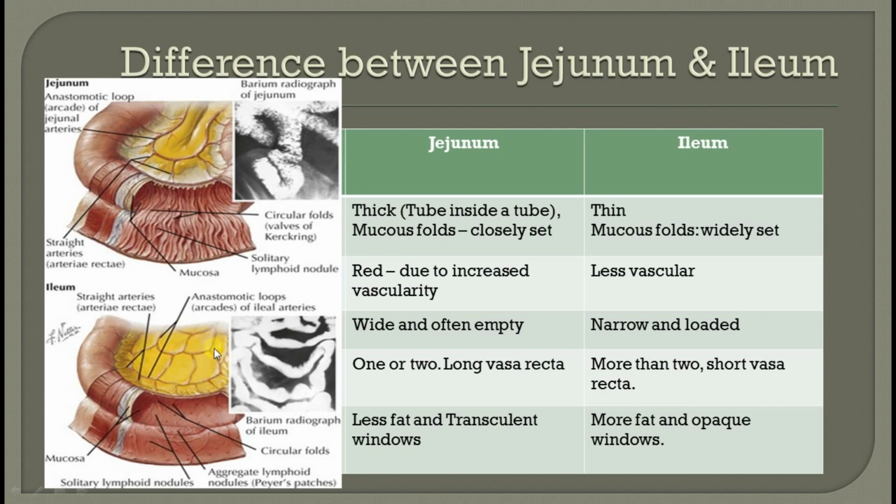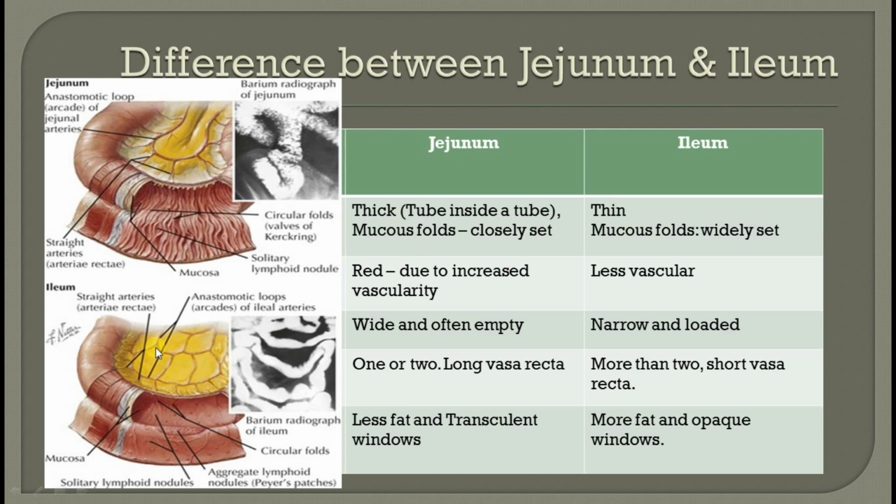Whereas in the ileum the fat content is more, so if you throw a beam of light between the arterial arcades, it will be opaque. The light won't pass to the other side. So here you have translucent windows, here you have opaque windows, because the mesenteric fat in the ileum is abundant as compared to the jejunum.